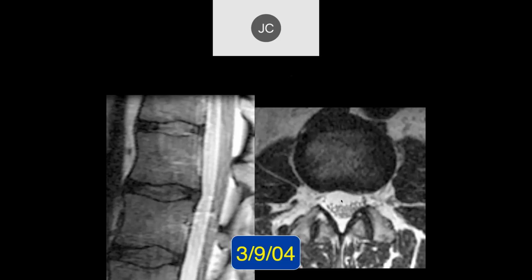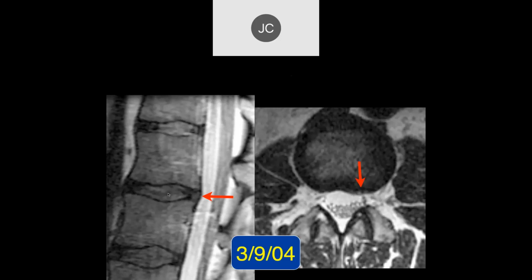Jason, what do you think here on this study? It looks like there's a broad base disc bulge with asymmetry to the left with some high intensity zone in the left paracentral region. You can see there's a little bit there. Personally, I wouldn't call this a bulge.